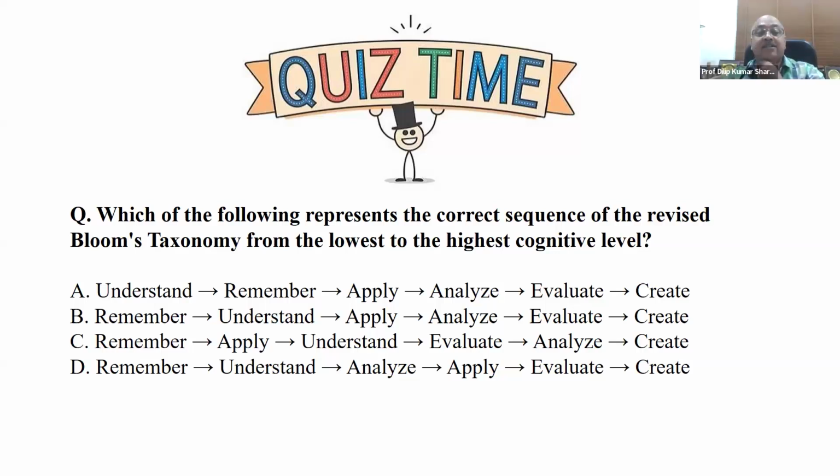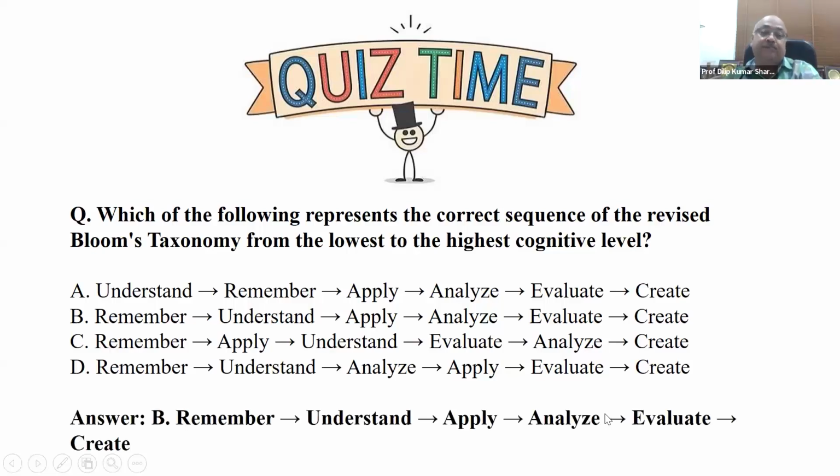Now I'm getting mixed answers. So what is that? First is remember. So B is the correct answer. Please don't confuse. So remember, understand, apply, analyze, evaluate, and create. These are the 6 levels of the Bloom's taxonomy classification.